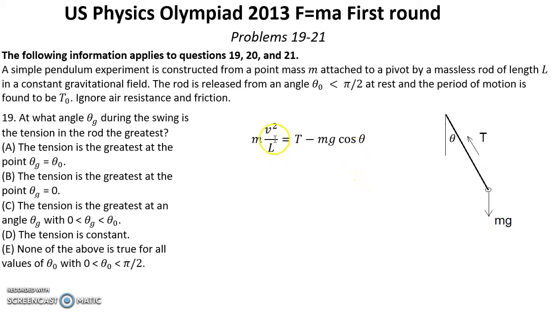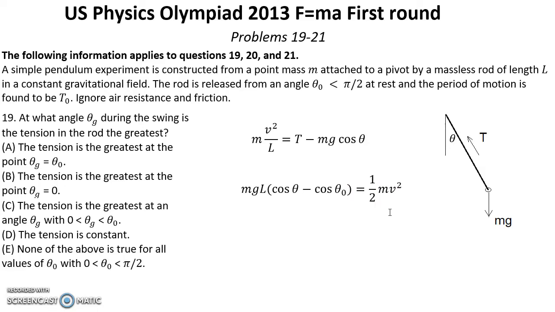Second, we have to find what v squared is, and this we can find using energy conservation. So we have potential energy, which is mgL multiplied by cosine theta minus cosine theta 0, equal to 1/2 mv squared.